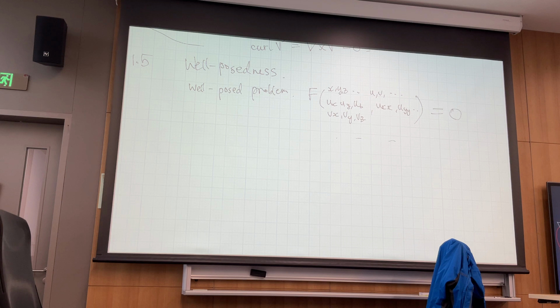And since there are unknown dependent variables like u and v, we will have to solve for them. And therefore, if we can finally tackle the problem and say that u equals something and v equals something, then if we can finally tackle these problems, this is called a solution to the PDE.